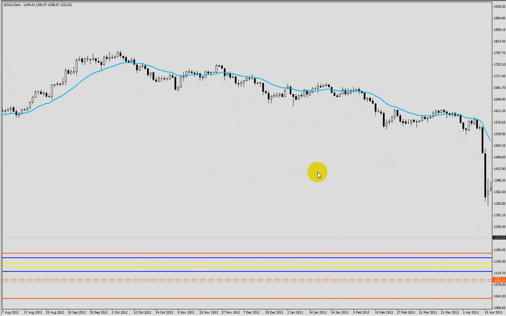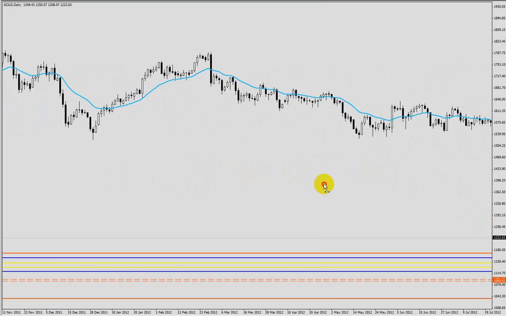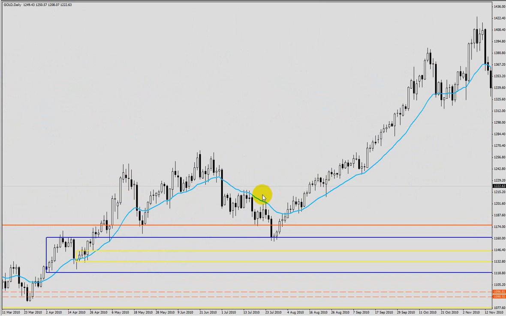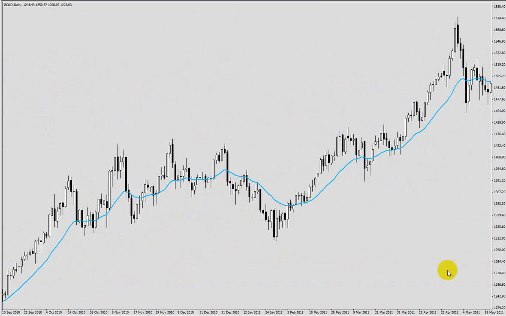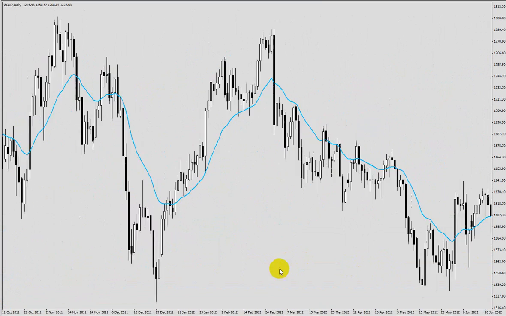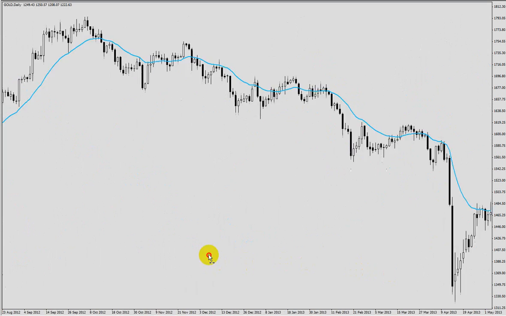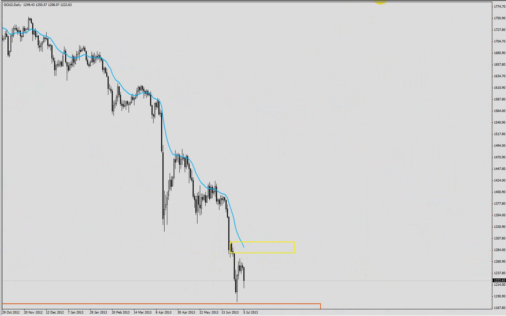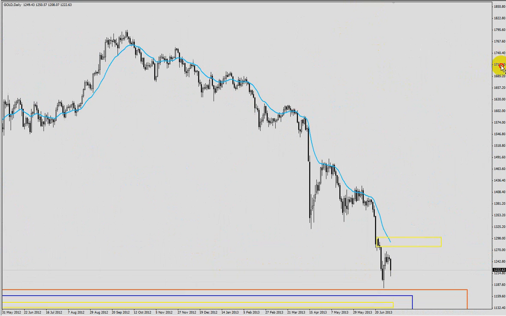I'm going to show you the support based on this price action here. Please bear in mind that the support on a daily hasn't been tested yet, so it's still valid, represents a good support level.